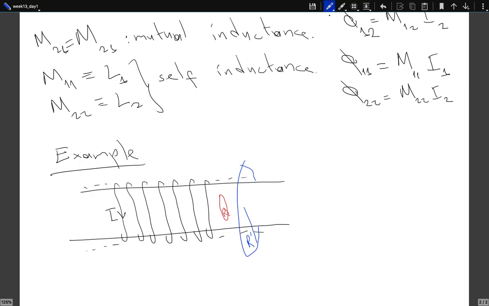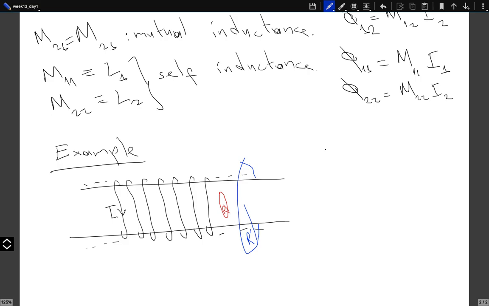Now, what is the magnetic field created by the current I? Do you remember? Well, let's make a review. What do you remember about the magnetic field inside the solenoid? They will be straight lines, magnetic field lines.